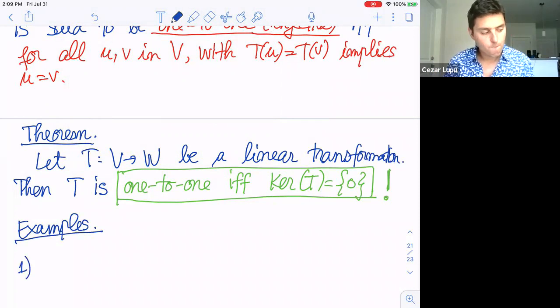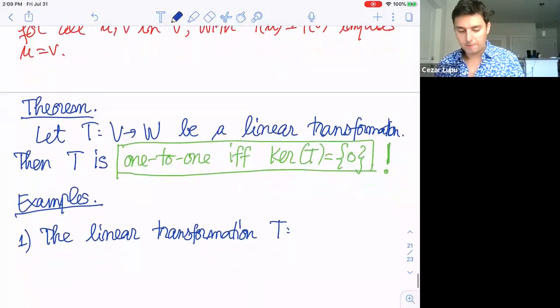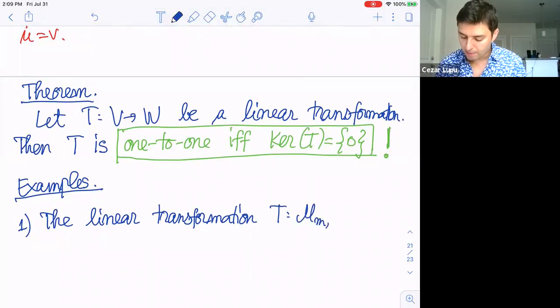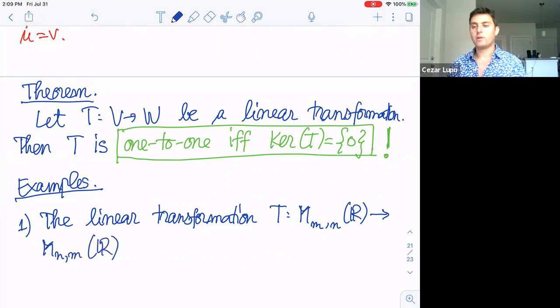Let's say the linear transformation T from the set of m by n matrices with real entries into the set of n by m matrices.